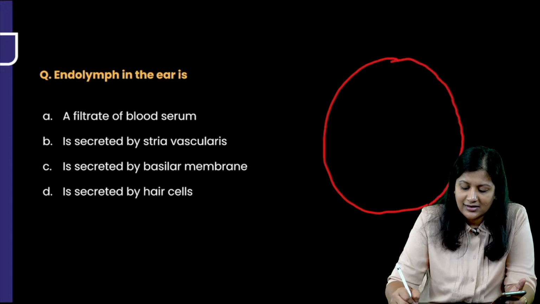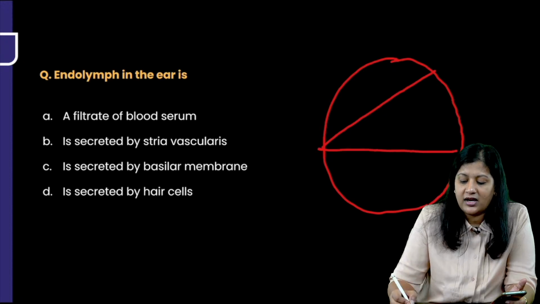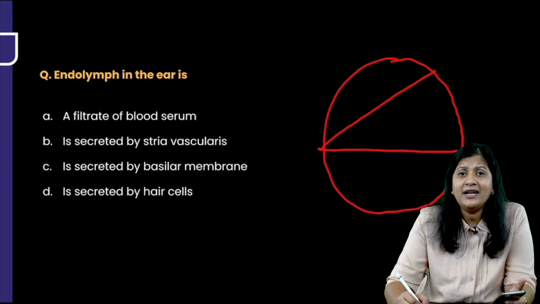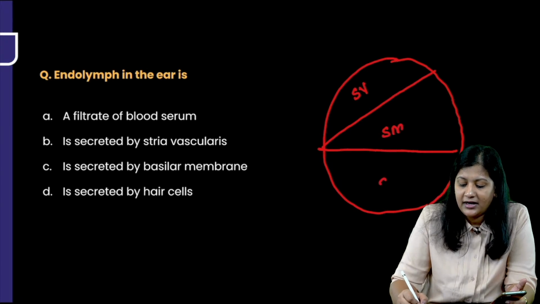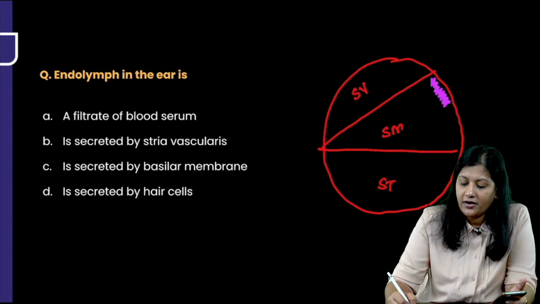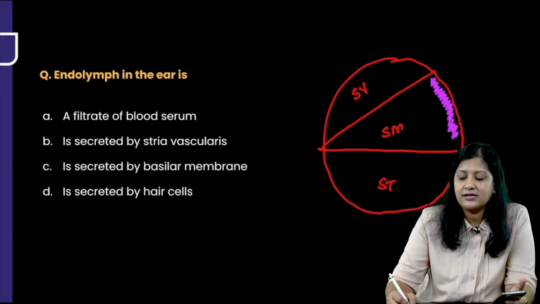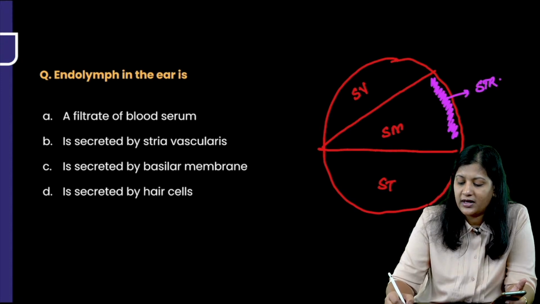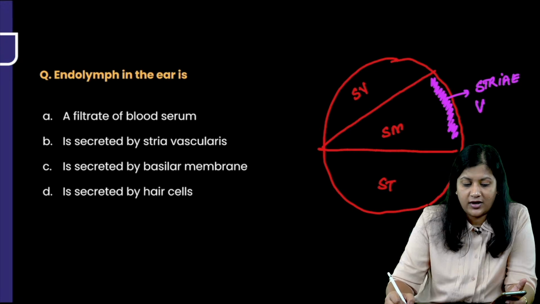The answer is stria vascularis. Very, very good. So where is stria vascularis? When we take the cochlea, we have three compartments: scala vestibuli, scala media, and scala tympani. In the scala media, we have a vascular membrane. This vascular membrane is your stria vascularis.